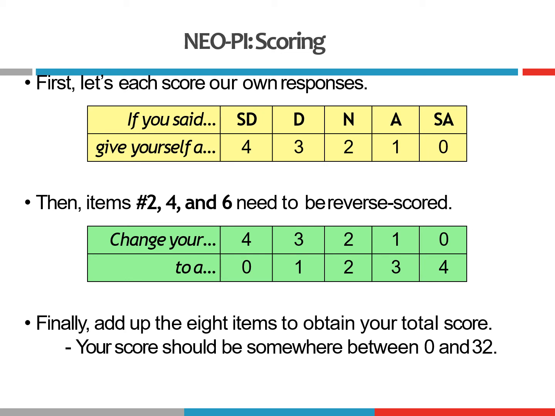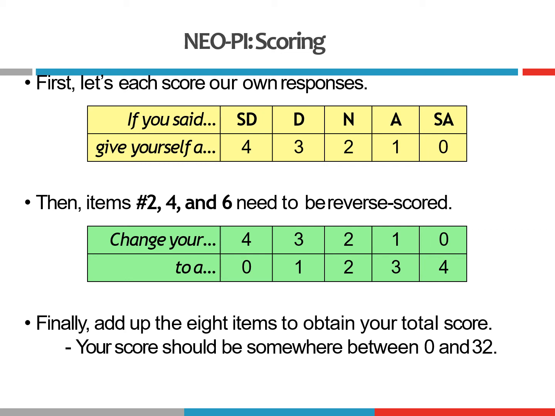So once you've scored all of your answers using the yellow table, then you're going to go back to number 2, number 4, and number 6 and change your numbers as we see in the green table there. Okay, so if you initially wrote a 4 for number 2, number 4, or number 6, you need to change it to a 0, and so on.